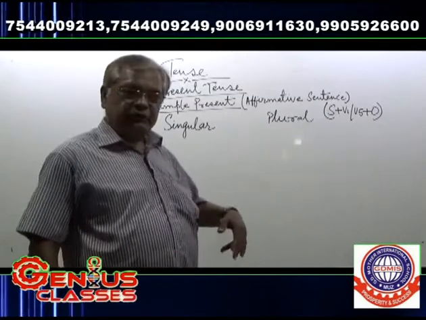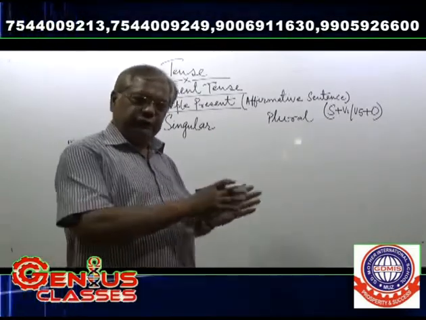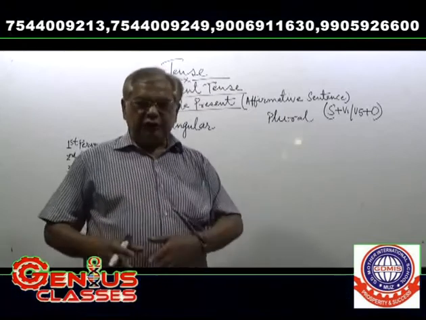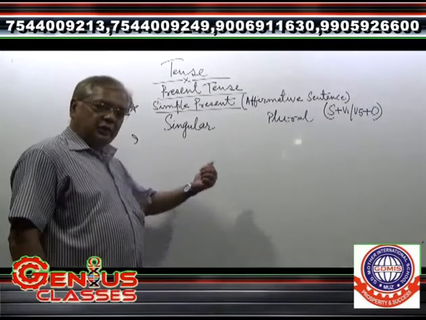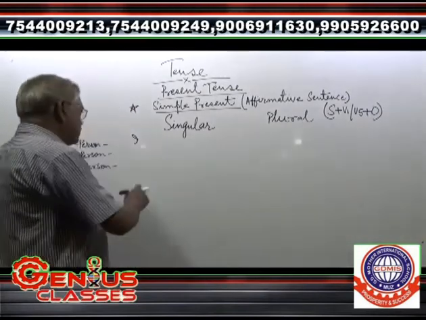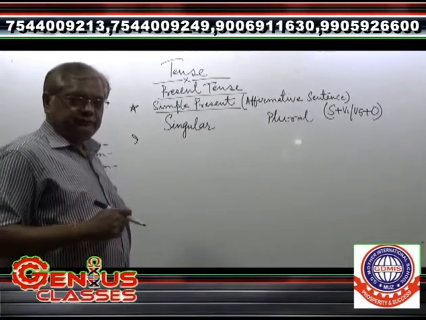Either we may use V1 or V5. So where to use V1 and where to use V5? According to the person we are using, along with I, V1 is used.